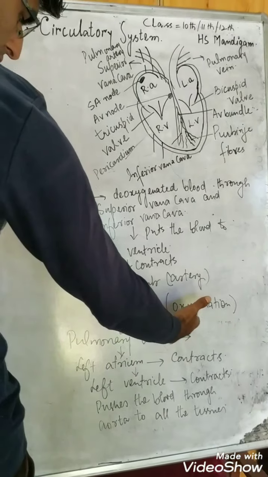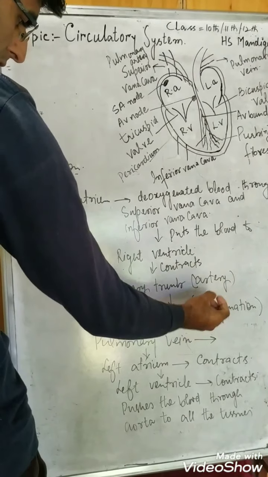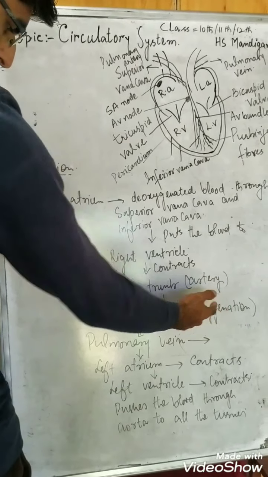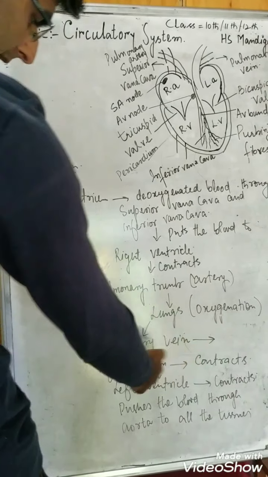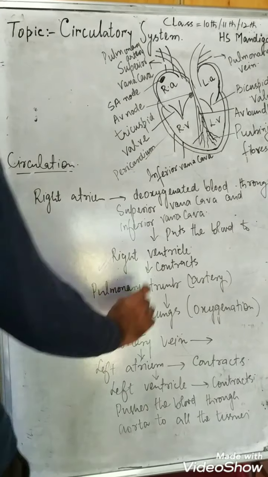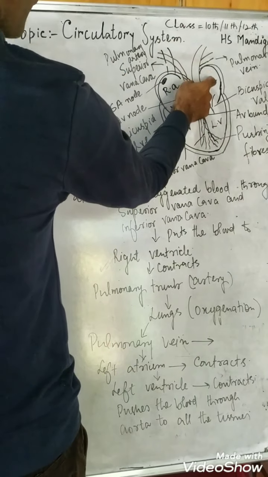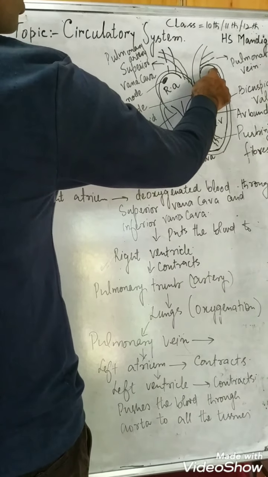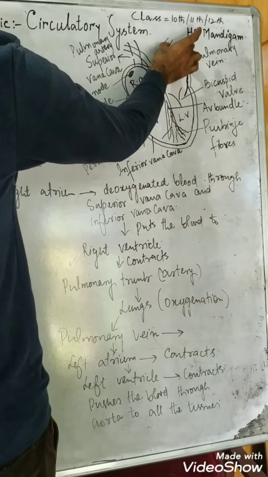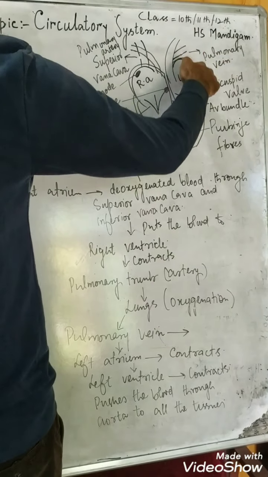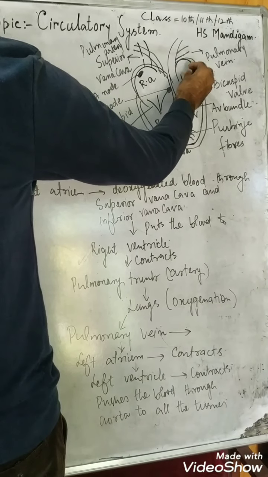Once the blood gets oxygenated, the oxygenated blood is pushed from the lungs through the pulmonary vein, and that pulmonary vein will directly carry the oxygenated blood into the left atria. Here the left atria will receive the oxygenated blood and it will get contracted.